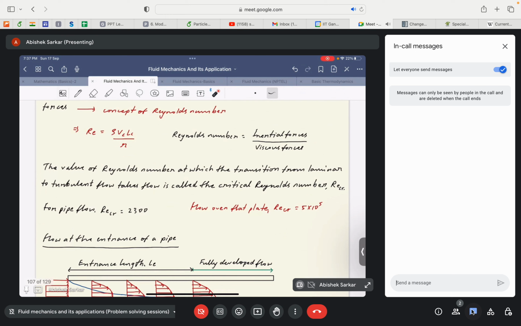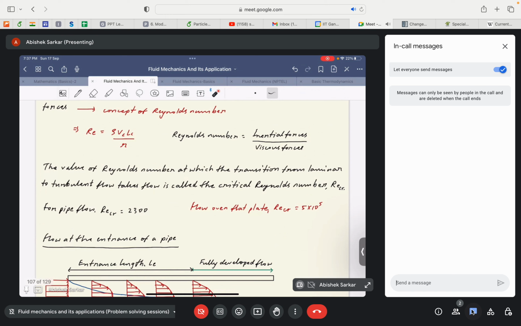If we deduce the terms that define the inertial force and the viscous force in the flow field, we will see that the Reynolds number can be defined as rho Vc Lc divided by mu, where rho is the density of the fluid and Vc is the characteristic velocity of the flow field.